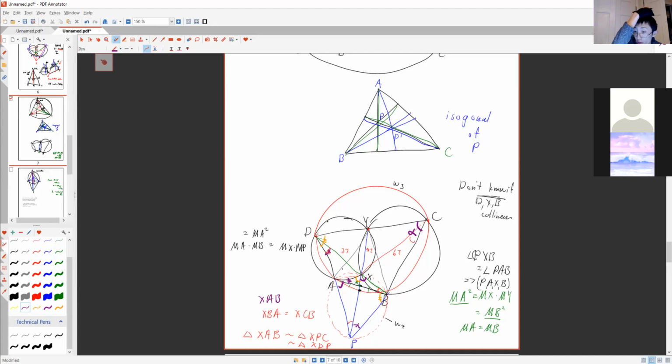Yeah, that's true. So XP is using the outer two similar triangles. So this is true. So XP is root 37 times 67. And then let's see, try power of a point on M.